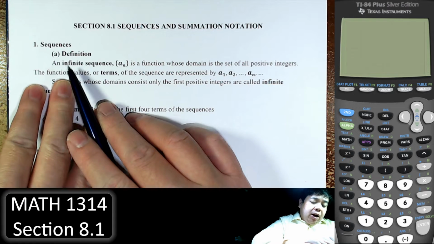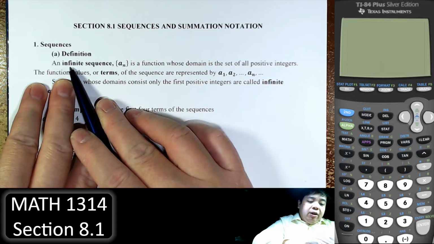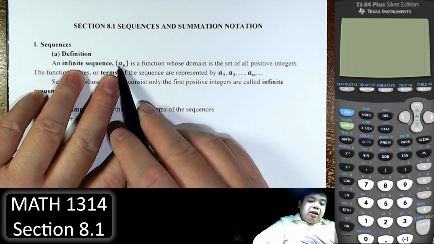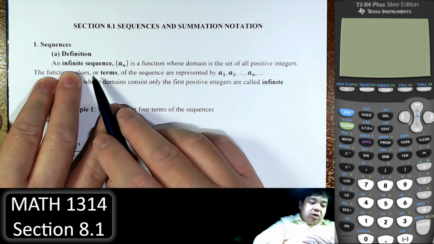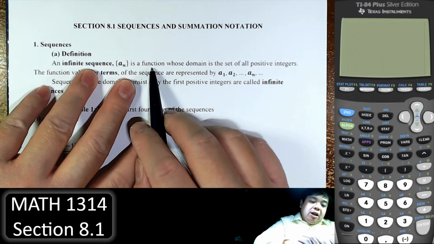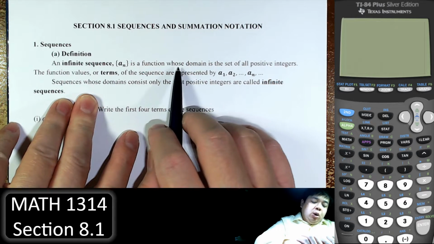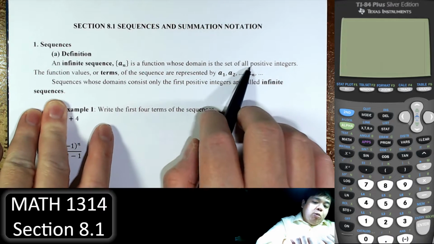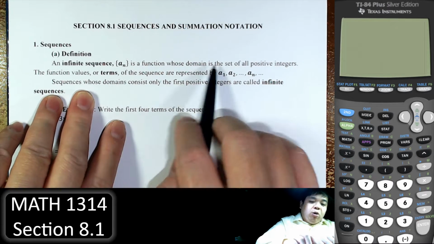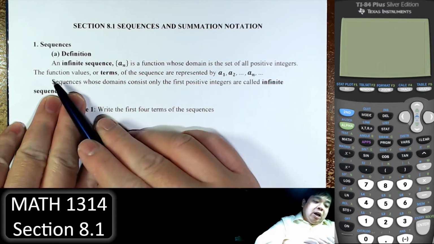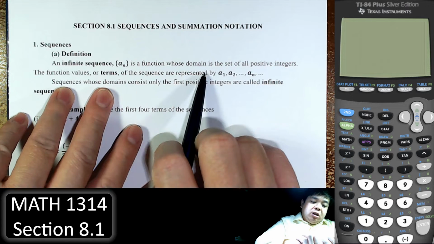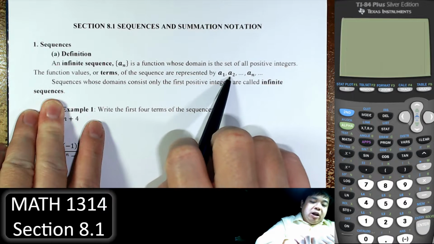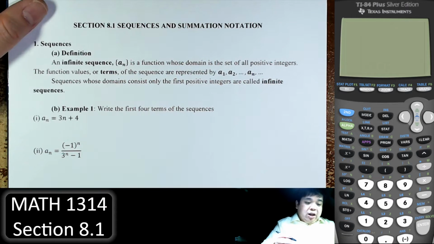Sequence, an infinite sequence a sub n. We use the curly bracket a sub n to denote an infinite sequence, which is a function whose domain is the set of all positive integers, or natural numbers, if you will. The function values or terms of the sequence are represented by a sub 1, a sub 2, a sub n, and so forth.